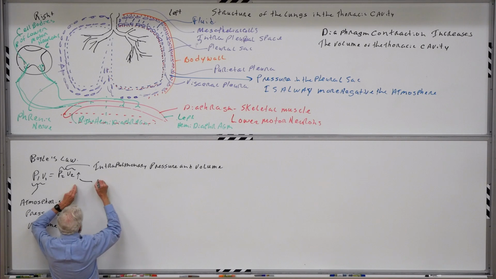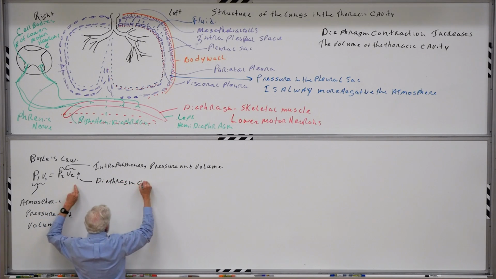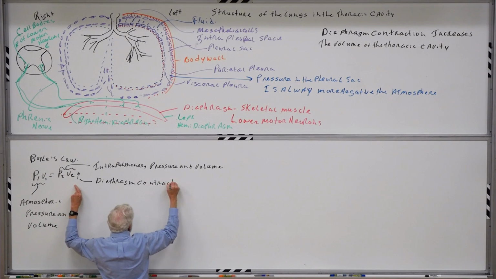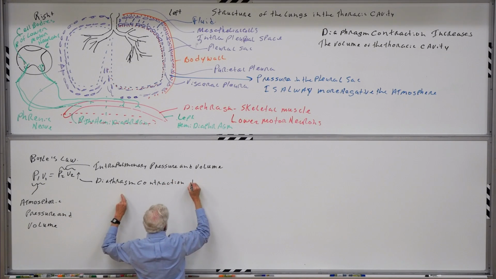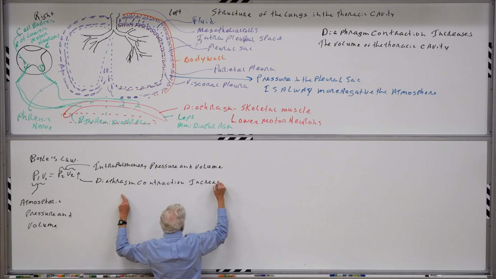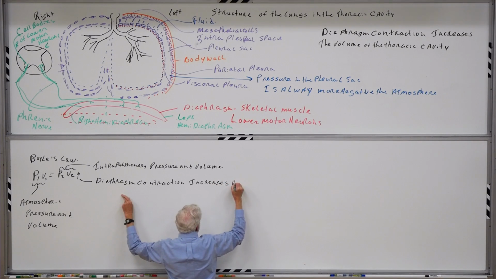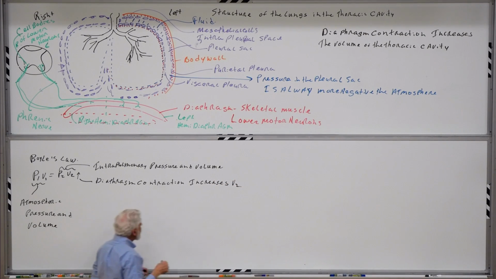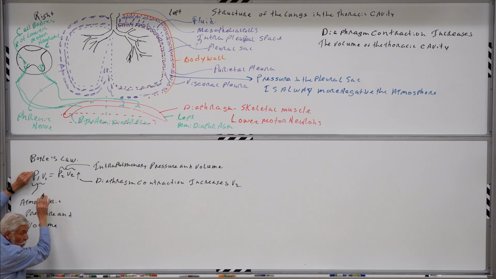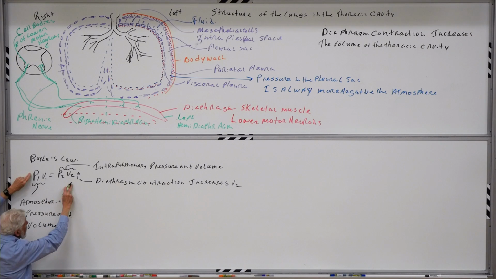So diaphragm contraction increases V2. Well, if this equation is going to remain balanced, P1 V1 has to be equal to P2 V2.